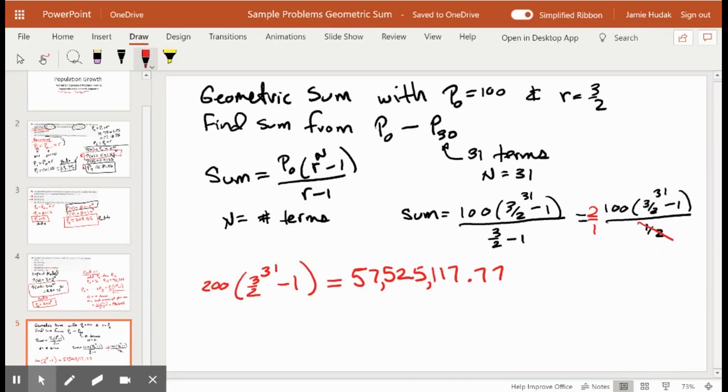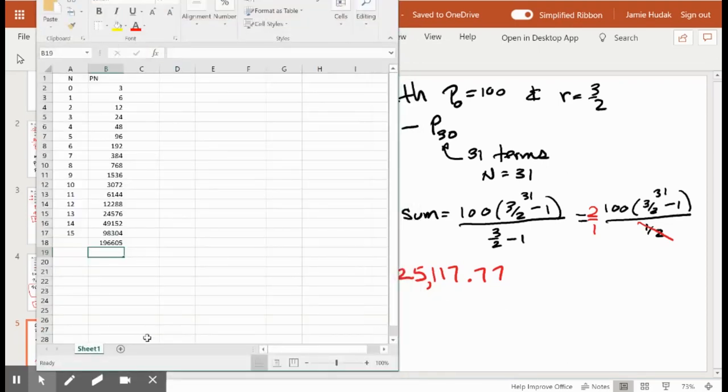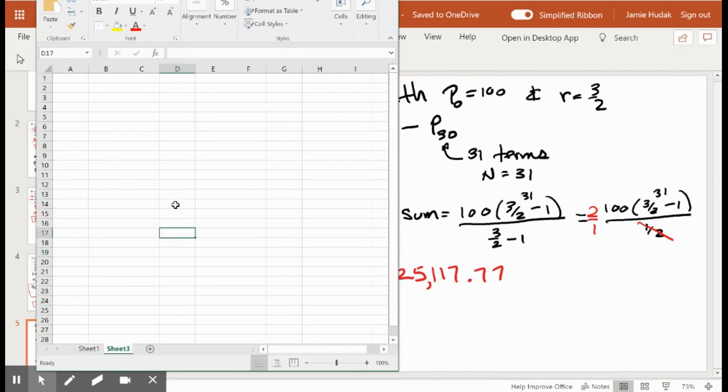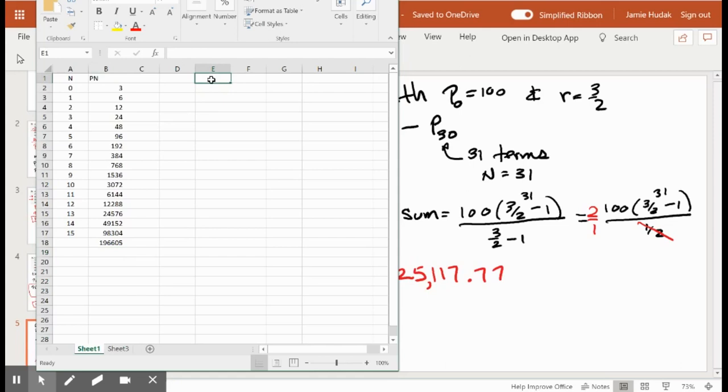So once again, we can verify this answer using a tool like Microsoft Excel. Our initial was 100 and our ratio is 3/2. So I'm going to start a new column, n and p sub n, starting at 100.